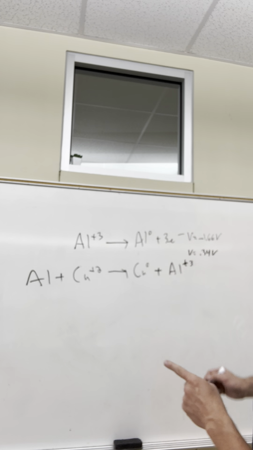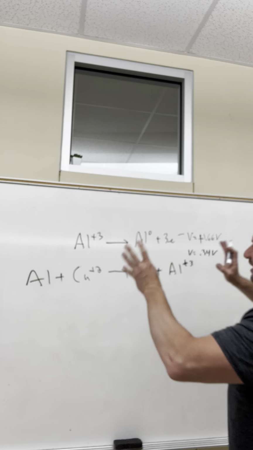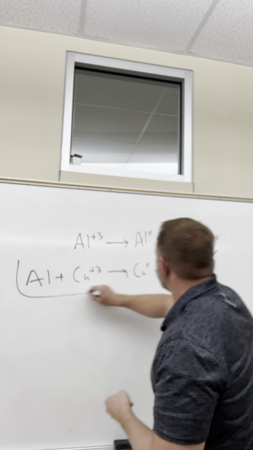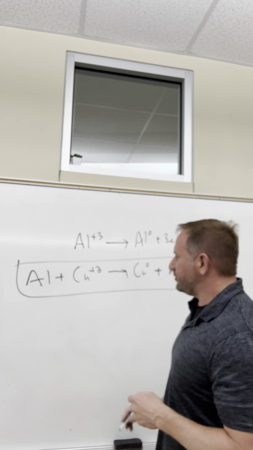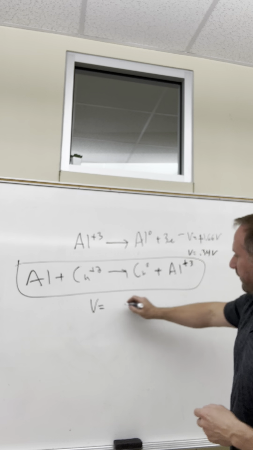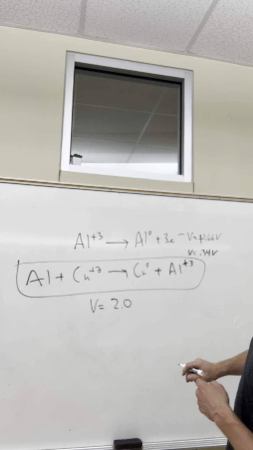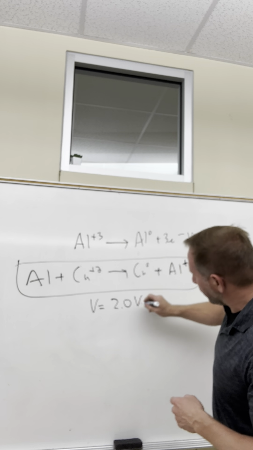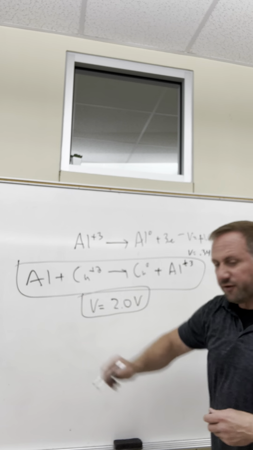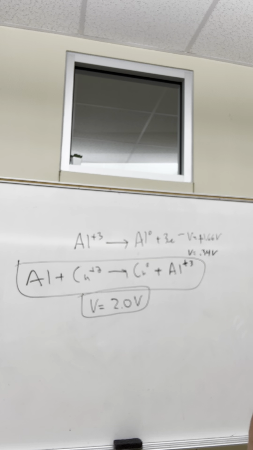I flip this, it becomes a positive 1.66 volts. So that means this cell that I've just made has a net voltage of, it looks like, 2.0. Yes, 2.0 volts. So I just made a 2-volt battery. We're going to talk about how much work that's going to do later, but that's a 2-volt battery.